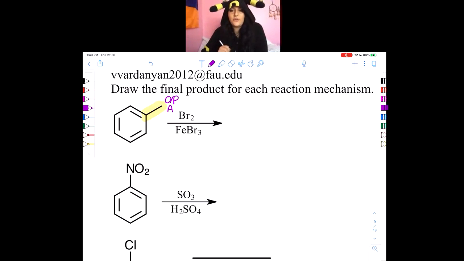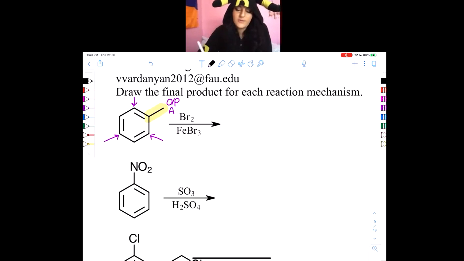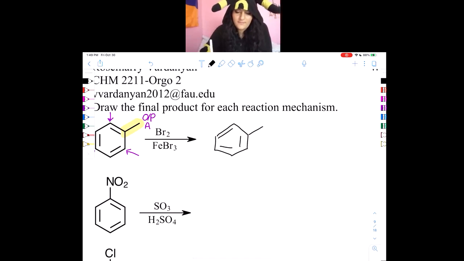So this is an ortho-para activator. So that means this carbon, and this carbon are likely to be substituted. So we can have multiple answers here. I'm only going to draw 2 of them because the 2 ortho answers are essentially the same.